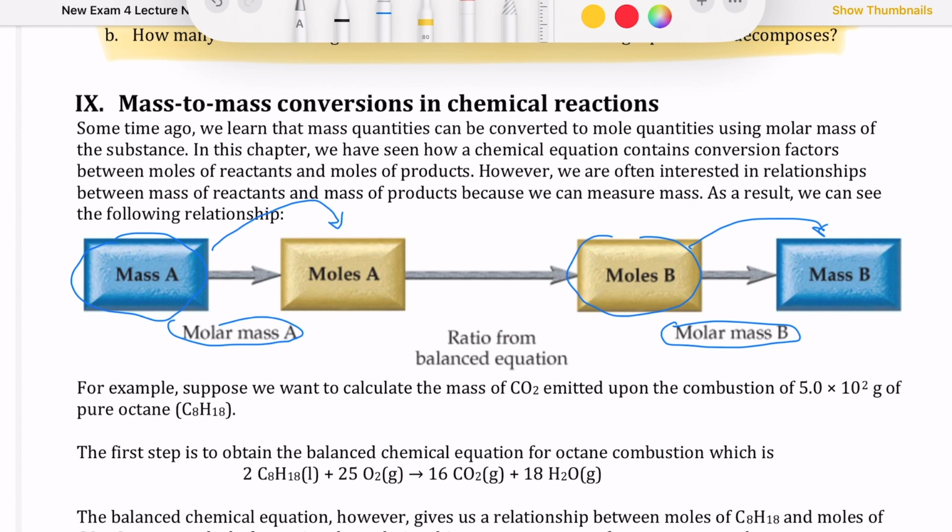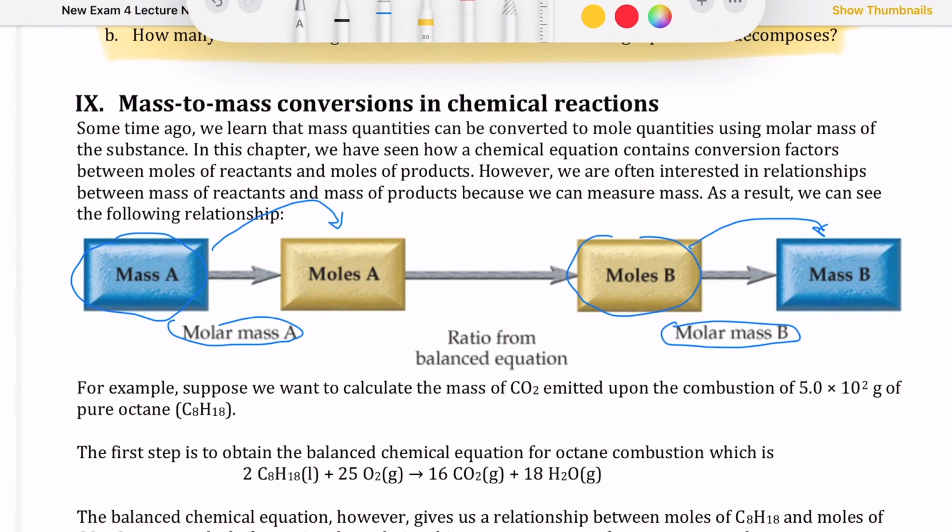Now, you might say, why do I care about taking this to mass? Well, the reason is because we don't measure moles. We don't have a tool like a balance or a graduated cylinder or anything like that that directly measures moles of anything, right? The tools we have are available to measure masses: balances, scales.